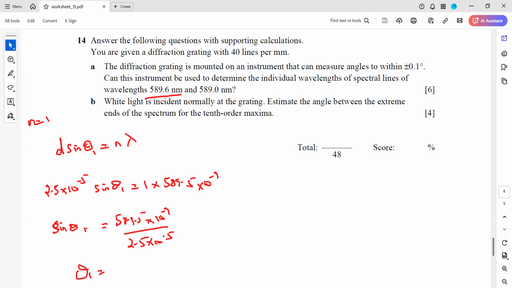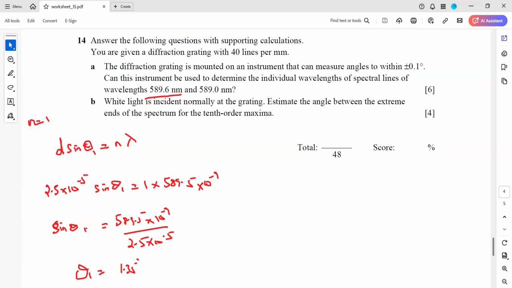There's also another way the same question can be done, where we work out the maximum possible fringes which we will have. What is the value for theta 1 here? 1.35 degrees. Okay.